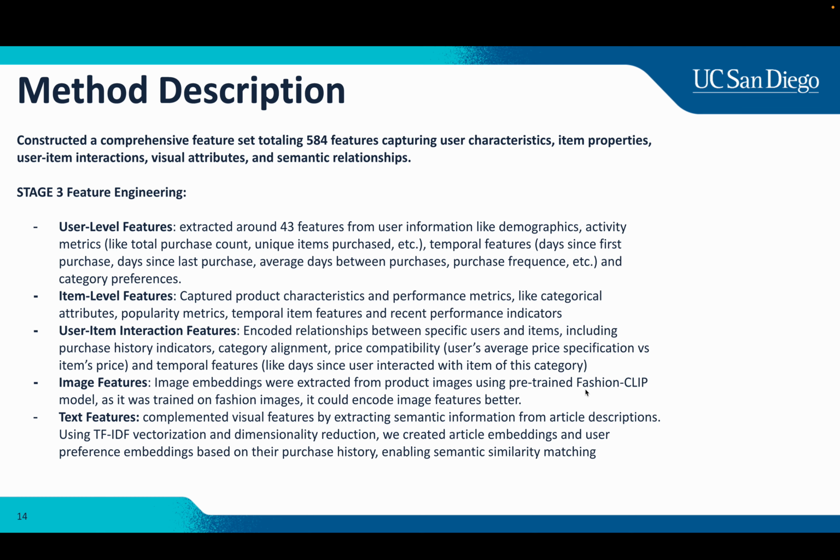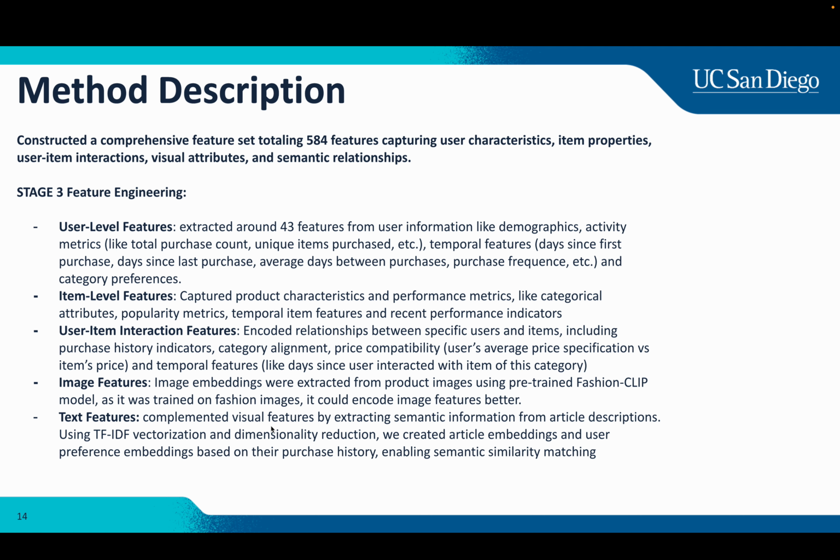It gives out 512 dimension image embeddings. This is to ensure that we do not miss out on any features like the texture of the article, the shape of the article, or the fit of the article. And the choice of Fashion Clip was obvious because this was trained on a huge data set containing fashion products.